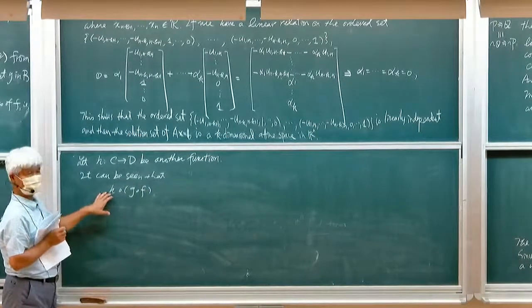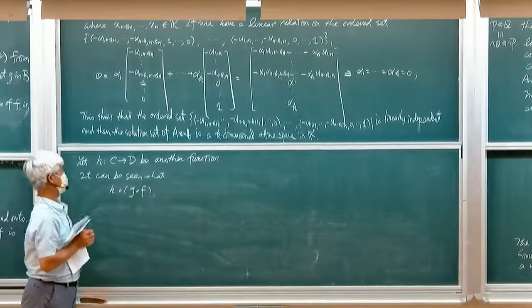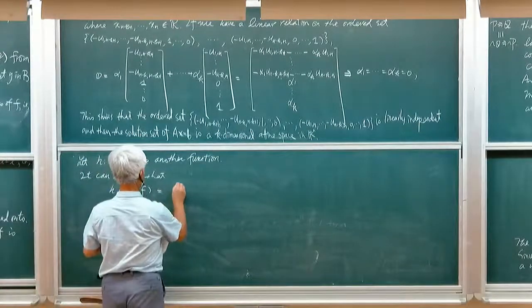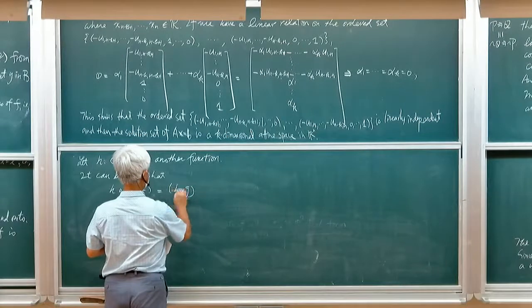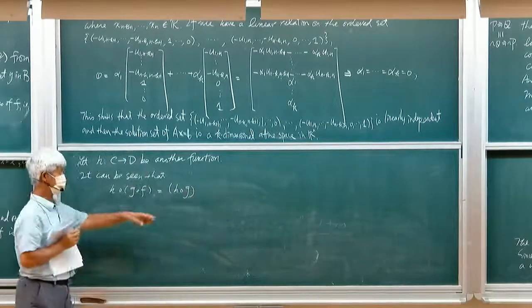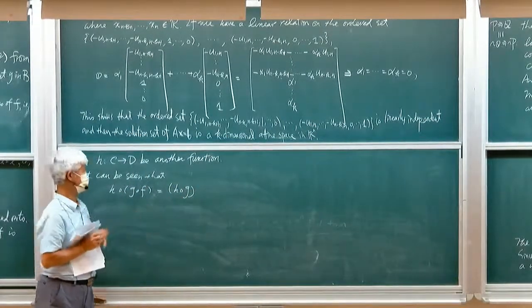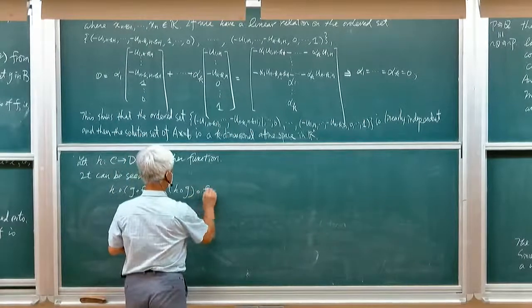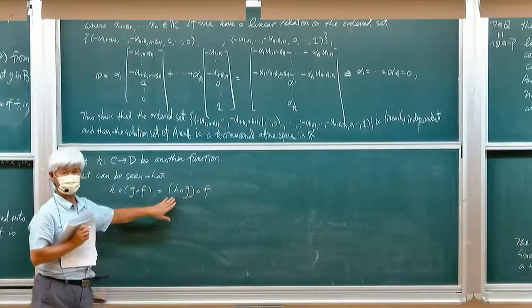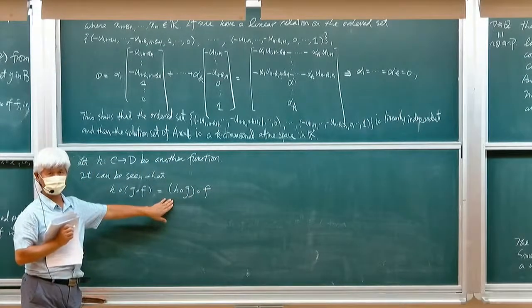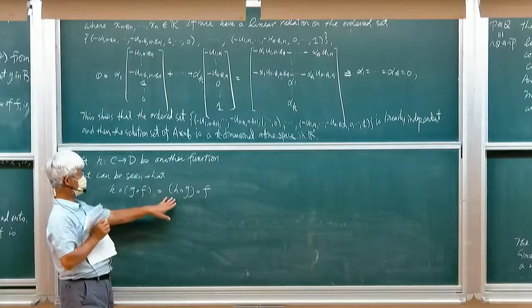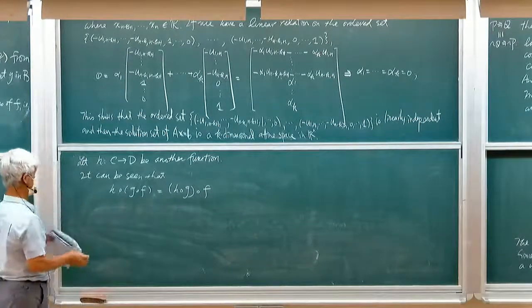This is one way. The other way is that you can do the composition of g and h first, and then you do the composition of f and this composite.